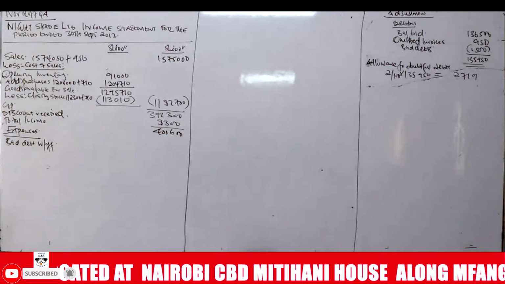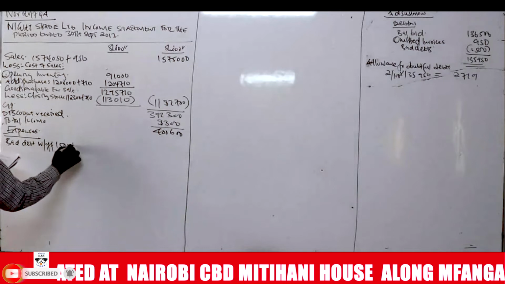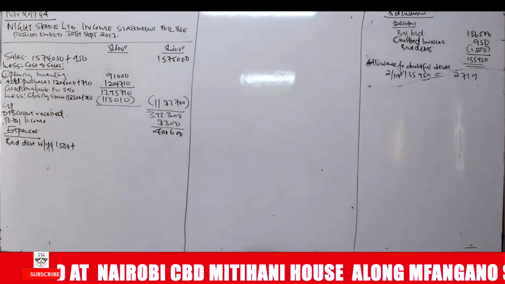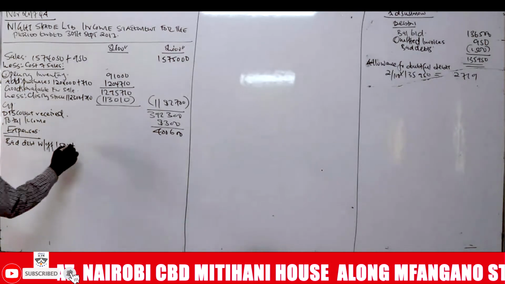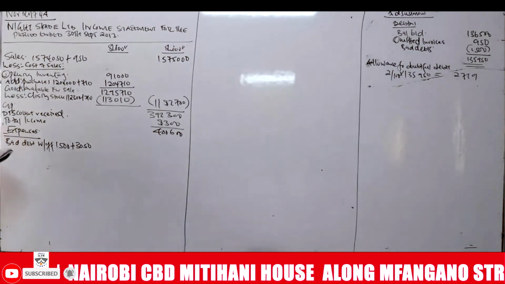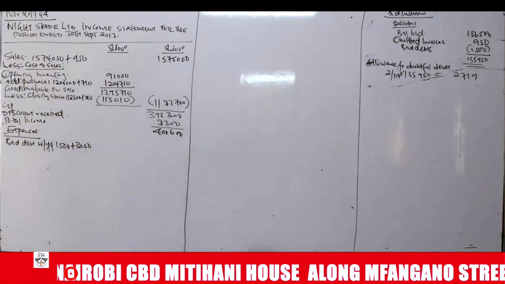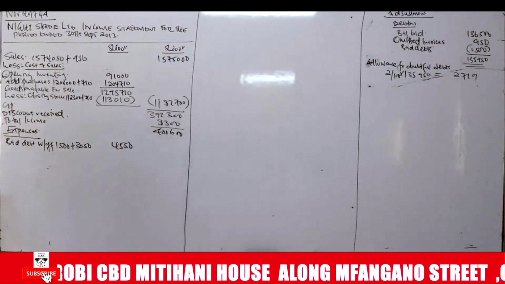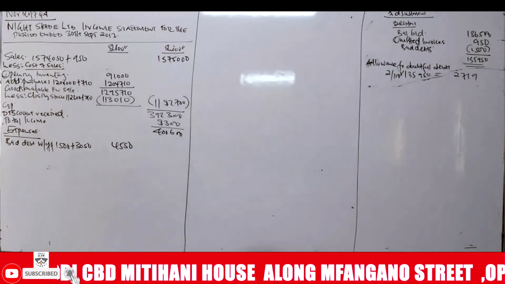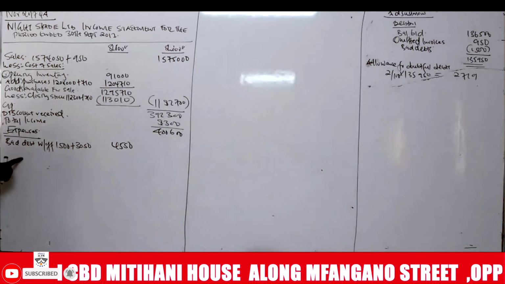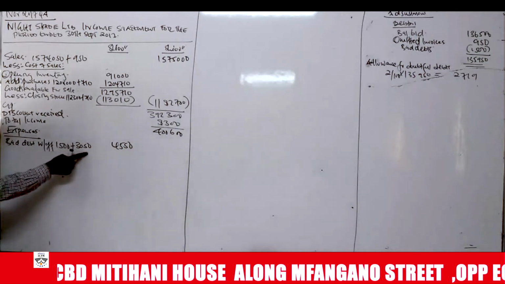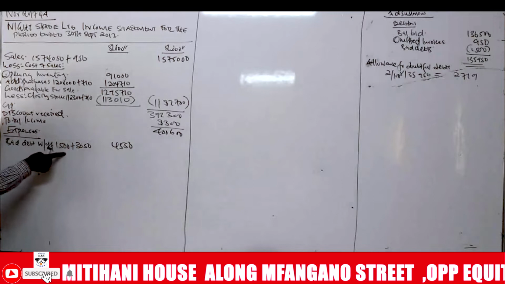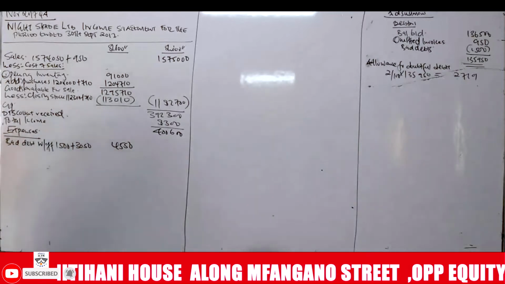Itakuwa 1500 plus ile iko kwa trial balance ni ngapi? 3050. So total how much? Is it 4550? We are here on bad debts. We are saying these bad debts are already in the trial balance. This one has been adjusted accordingly, isn't it? So you add to this one that was in the additional information to make the total 4550.